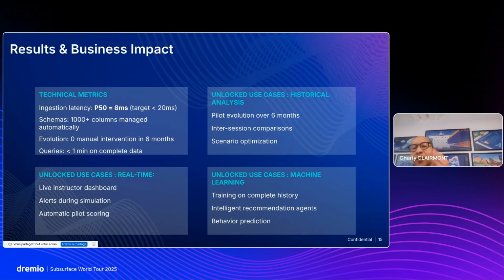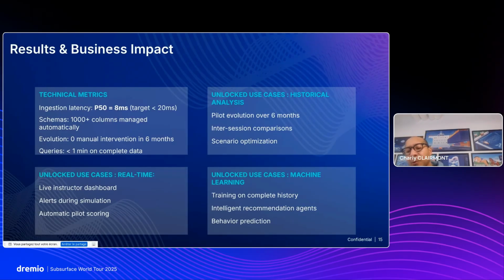Okay. For our customers, what did they gain with such a project? On the technical side, the ingestion latency is around 5 milliseconds, well below target. We did not expect to have such a low latency.